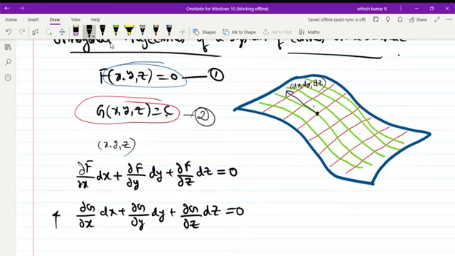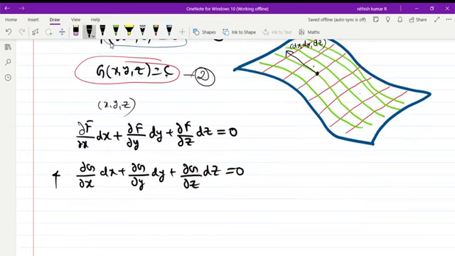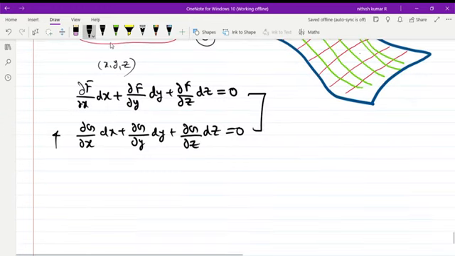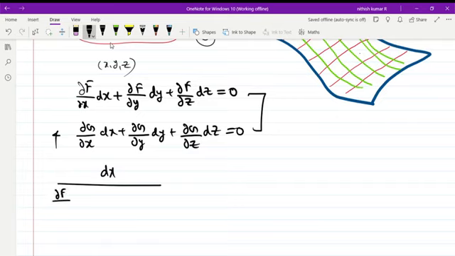Okay, now let's move forward. So using these two equations, now using the rule of cross multiplication. There are two expressions, like a1x plus b1y plus c1z and a2x plus b2y plus c2z. So using the rule of cross multiplication, what is dx? dx by dou f dou y, dou f divided by dou y.